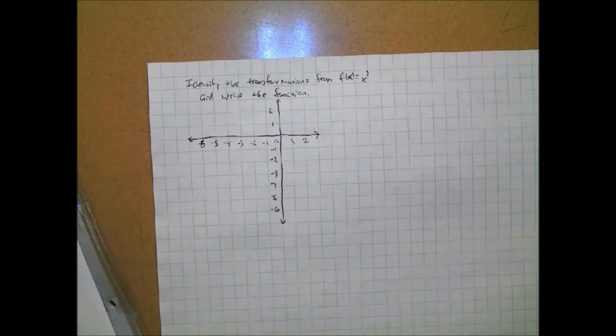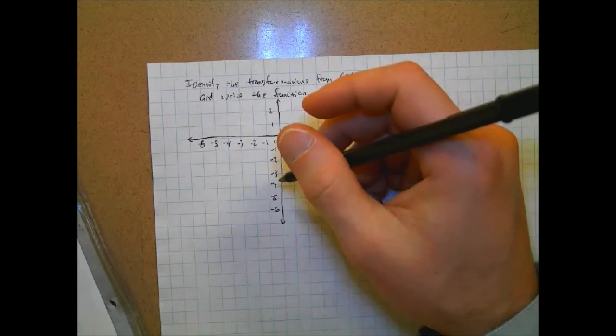So we'll start with something like this. I'm going negative 6 to 2 on the x and y axes here, just because of where our graph is going to be located. And I'll go ahead and plot some information here.